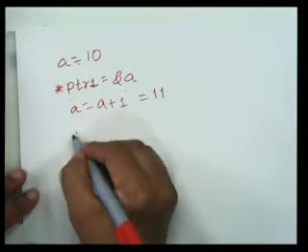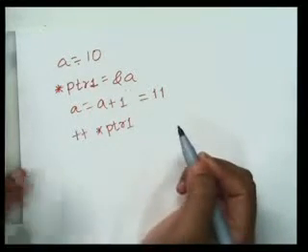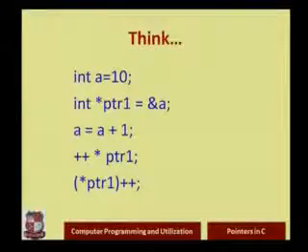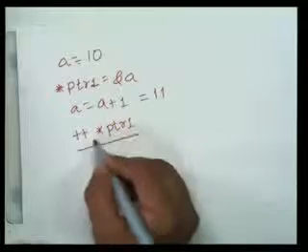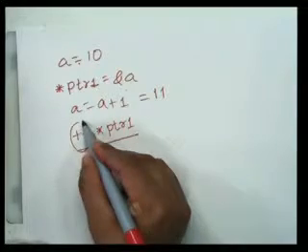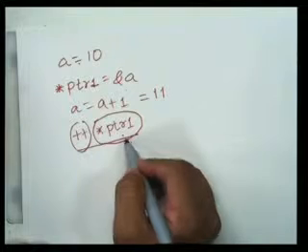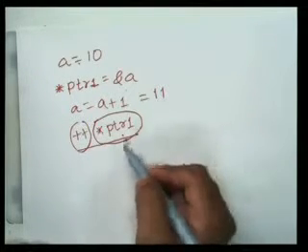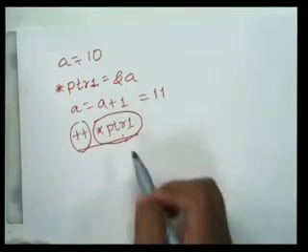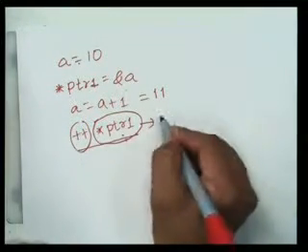After that, ++*ptr1. My dear friends, please pay attention over here. What happens here? ++ is a pre-increment operation. When I write *ptr1, I am talking about the value stored at the memory location pointed to by ptr1. So this value will be incremented.